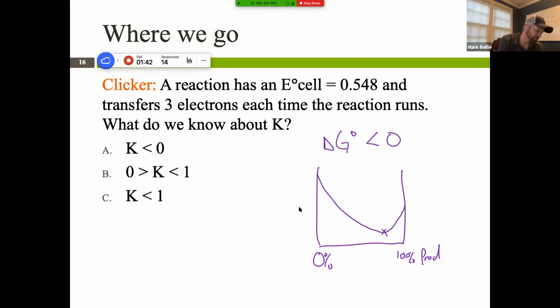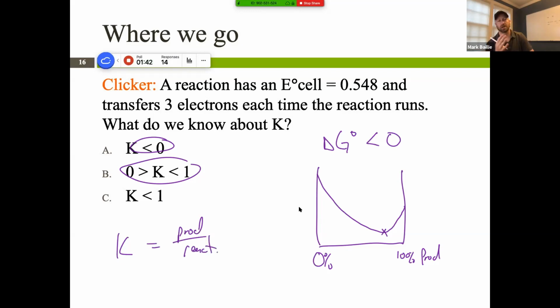So I just put in this compare to 0, compare to 1, just to kind of like, what do we even compare it to? So for K, our most important thing to keep in mind is this concentration of products over reactants. So that means that if we are thinking about where is K, it's going to always be compared to 1. And so this question was kind of crappy because it says, is it going to be between 0 and 1 or less than 0?